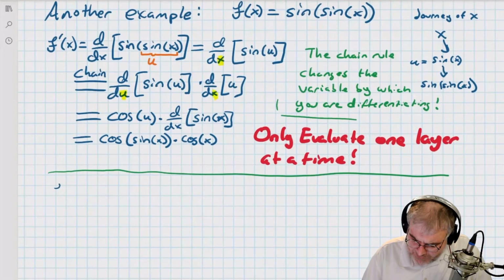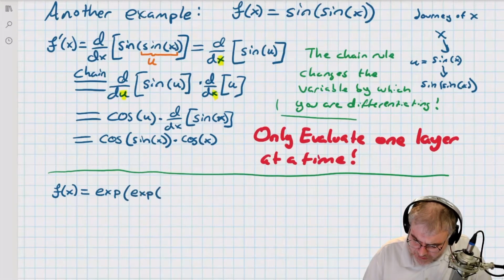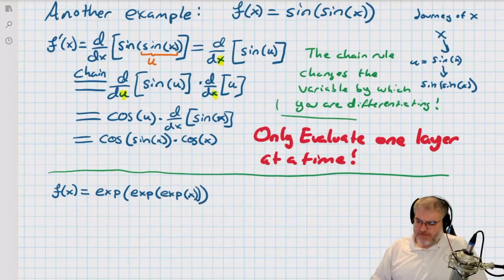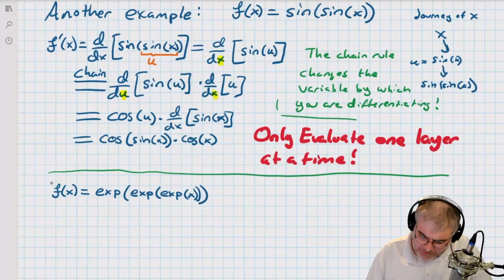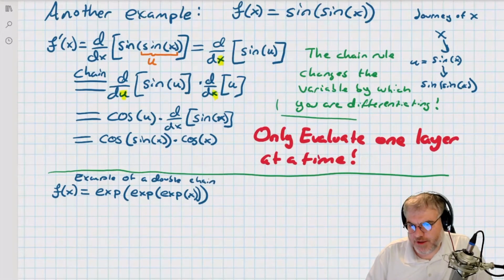Let's let f of x equal exp of exp of exp of x. Okay. This is an example of a double chain. All right, so what's the journey of x here?